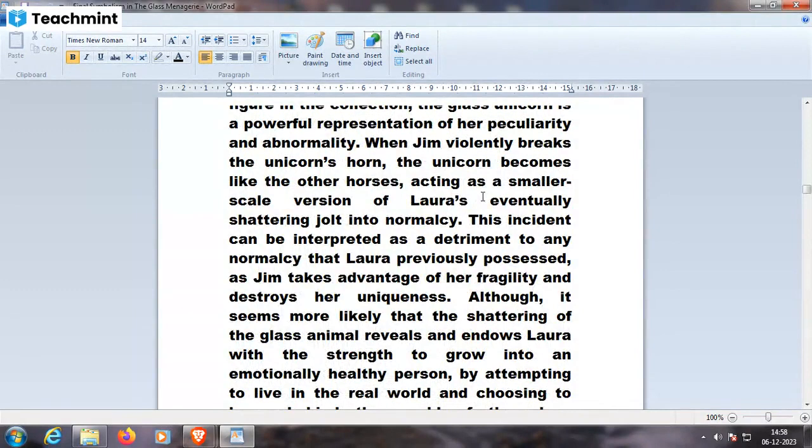This incident can be interpreted as a detriment to any normalcy that Laura previously possessed, as Jim takes advantage of her fragility.